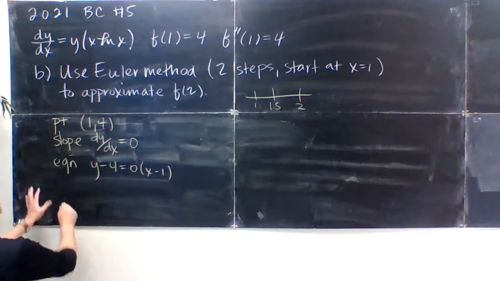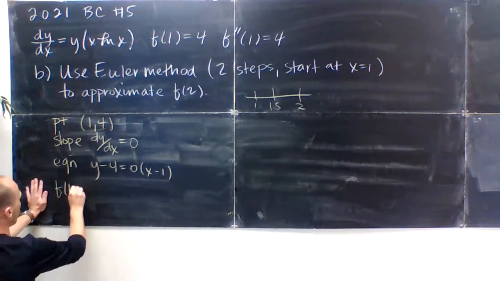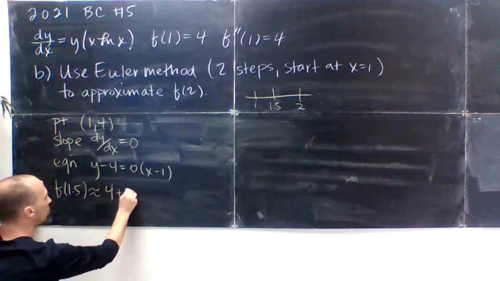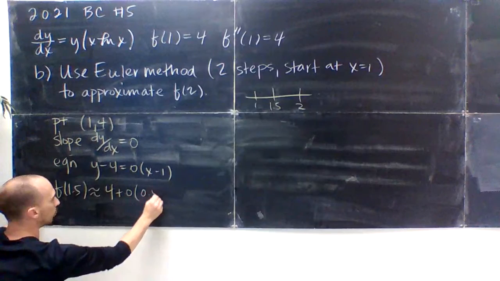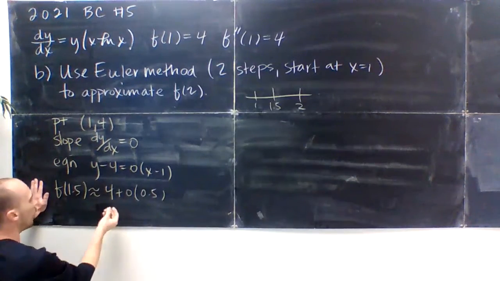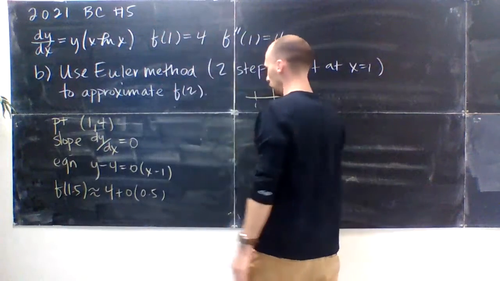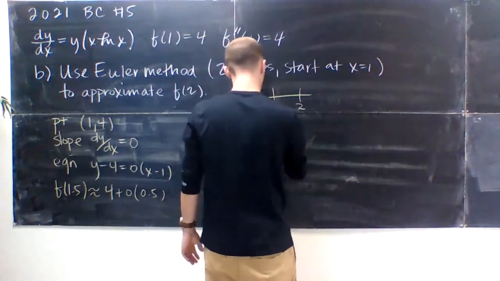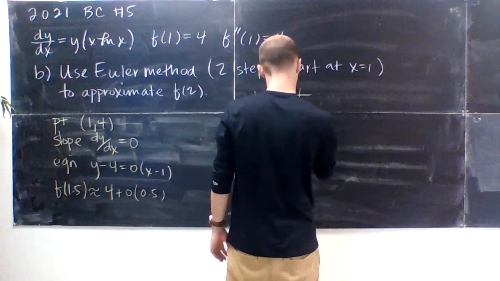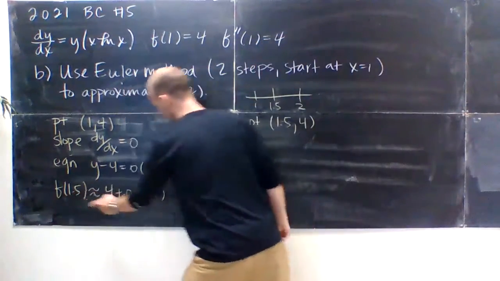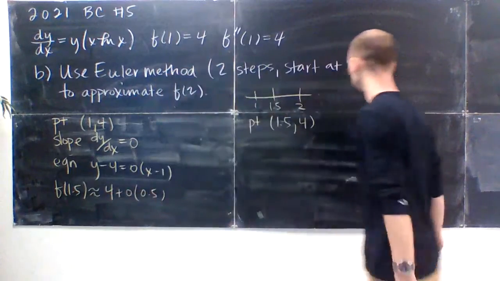So I'm going to approximate f of 1.5. It's going to be 4 plus 0 times (1.5 minus 1). Well, I just know it's going to be 0, and so that's 4. So my new point for my second tangent line is going to be (1.5, 4), because x was 1.5 and f was approximately equal to 4.